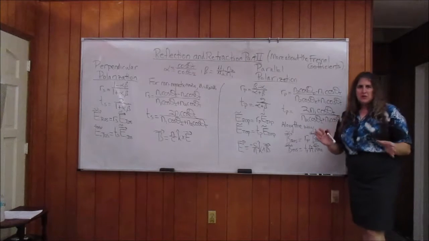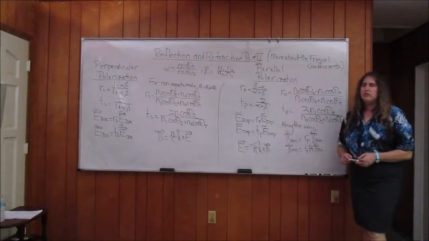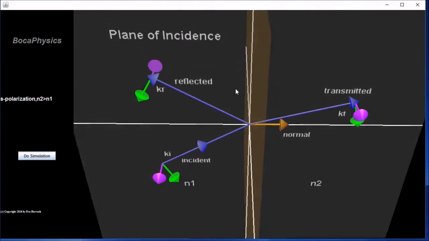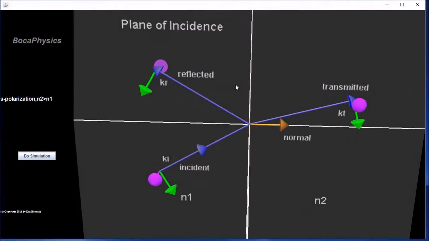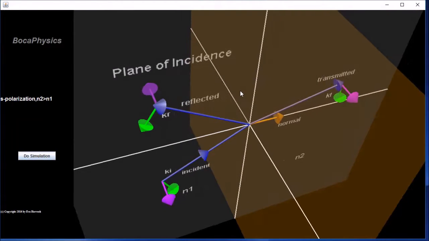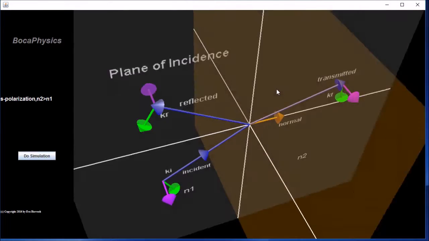So to maybe illustrate that concept a little bit more clearly, let's look at some simulations. We'll first consider perpendicular polarization. The incident, reflected, and transmitted wave vectors lie in the plane of incidence. We'll assume in this case that the index of refraction of medium 2 is greater than that of medium 1. If the electric field of the incident wave points out of the screen from this viewpoint, so will the electric field of the transmitted wave, because the coefficient of transmission is always positive.